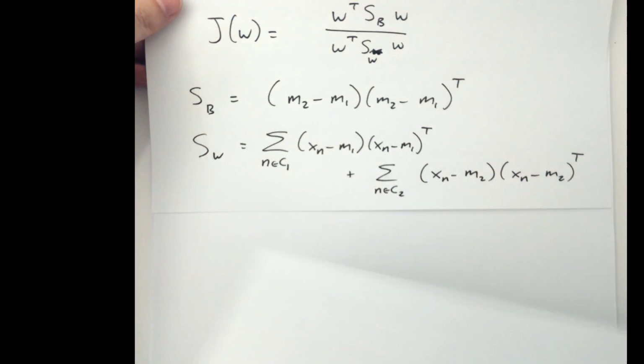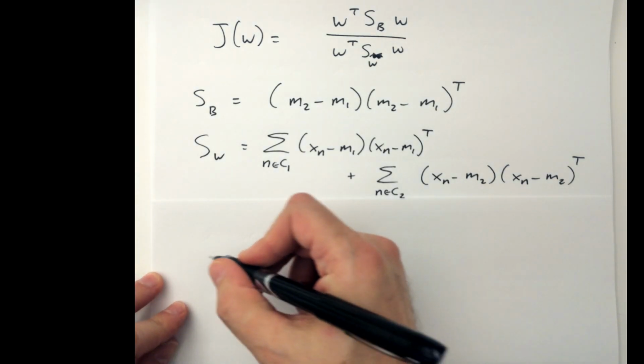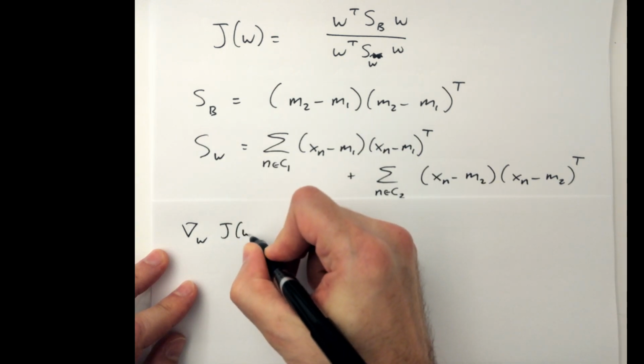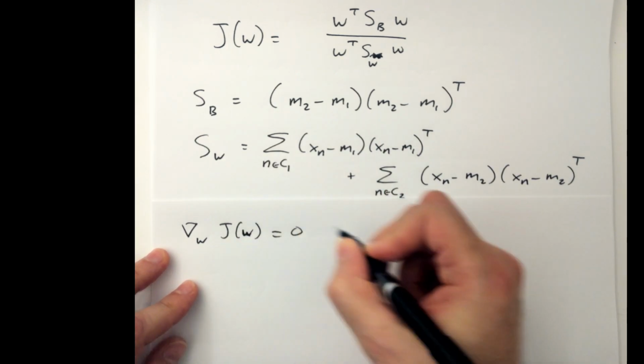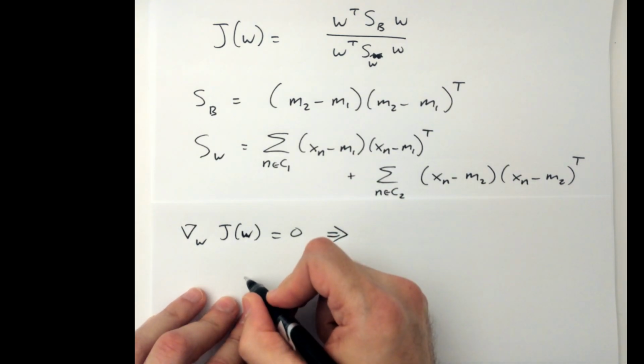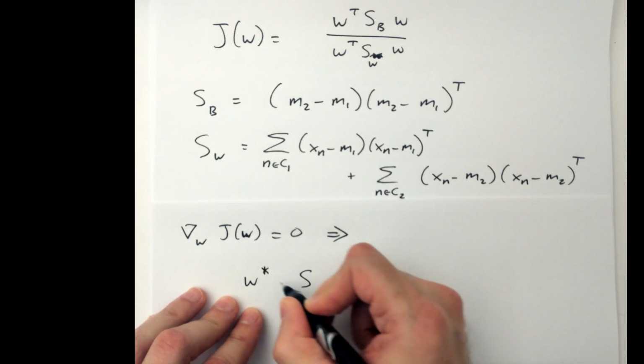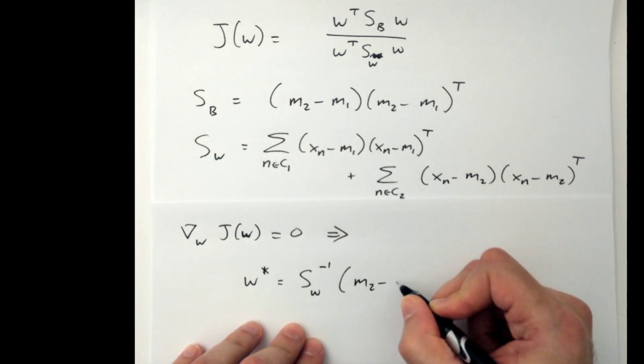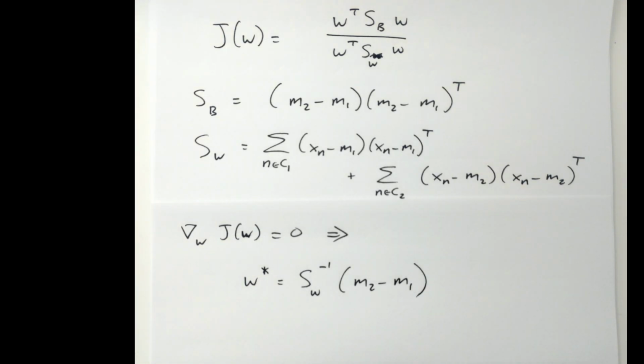If I differentiate this with respect to W and set it equal to 0, it turns out that the answer is this. It's the within class matrix like so. So this is the bottom line, okay? You could derive it yourself by taking the derivative and setting it equal to 0, but I did it for you, okay? So it's pretty straightforward, right?